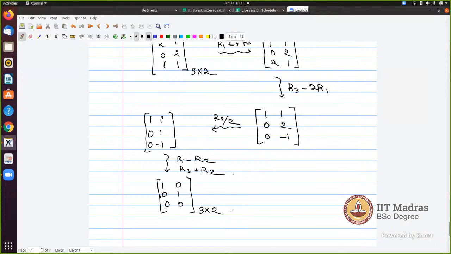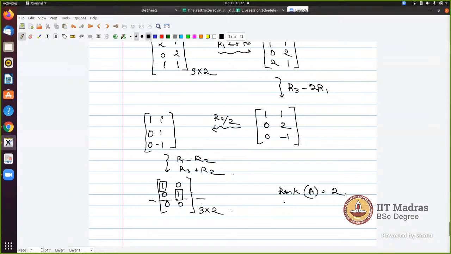Now, till this step, these are the non-zero rows. How many non-zero rows are there? 2. So the rank of this matrix is 2. These are pivot elements, so these are dependent variables. How many dependent variables are there? 2. How many independent variables are there? 0.